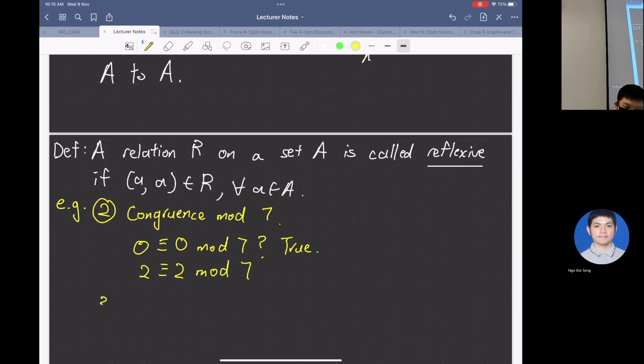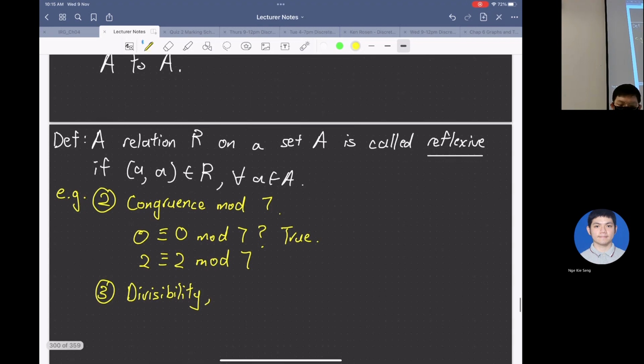And then second, the divisibility. You want to ask yourself whether you and yourself is in the relation or not. That means whether a divides a or not. So a divides a, right? Because a is equal to 1 times a.